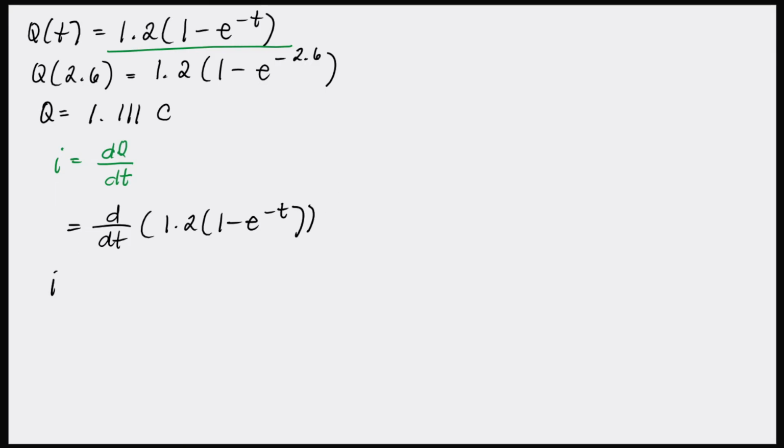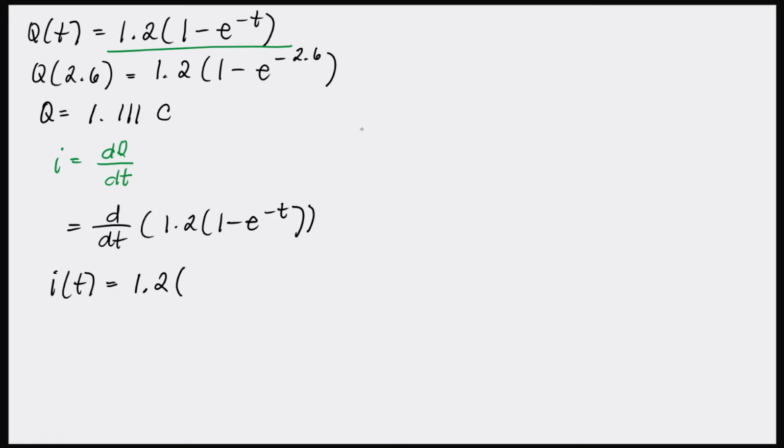So, we'll have I of t is equivalent to, 1 is already a constant, so we will not include it. So, 1.2 times, what is the derivative of negative e raised to negative t? That is e raised to negative t.